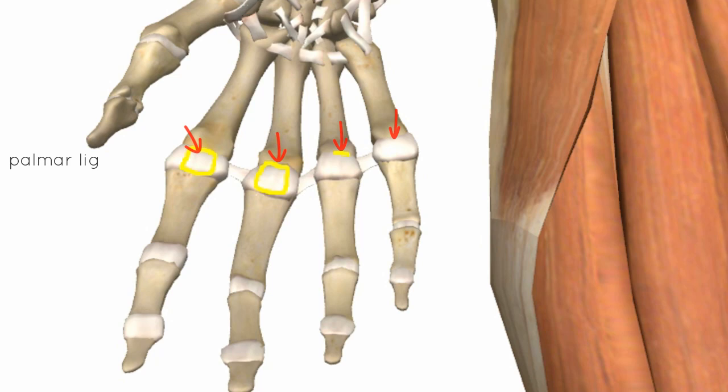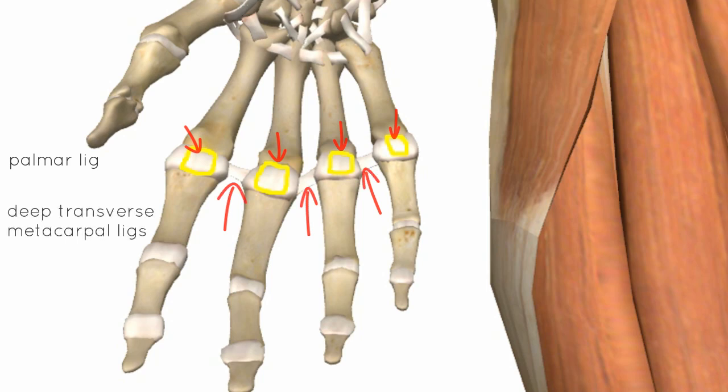So this is the palmar ligament. I don't really need to draw it on every single bone, but I just have. And these palmar ligaments are connected by the deep transverse ligaments. You can see these ligaments connecting the palmar ligaments together. And you've got 3 deep transverse ligaments.